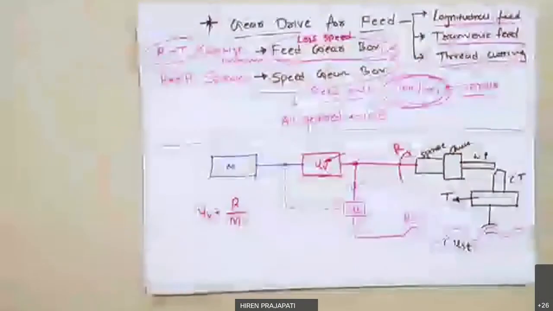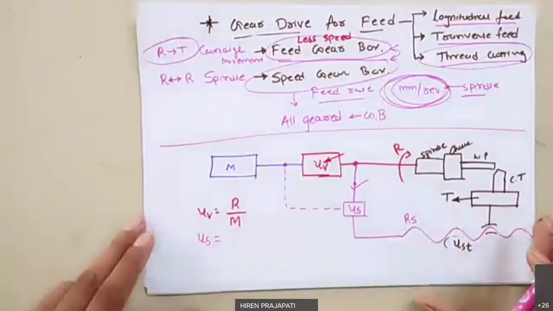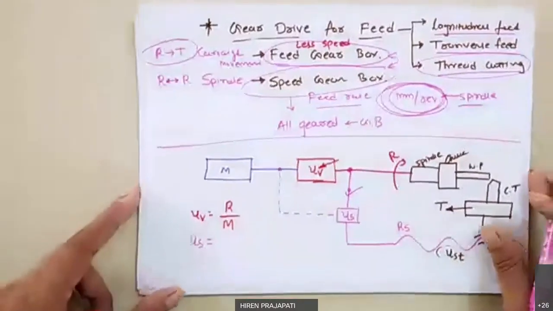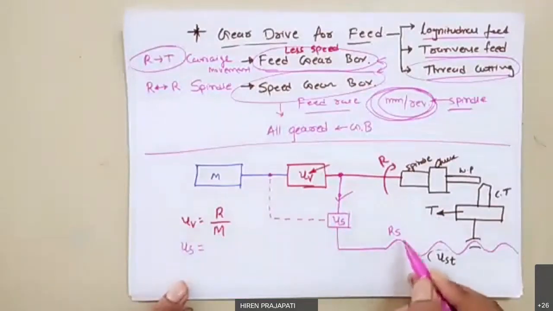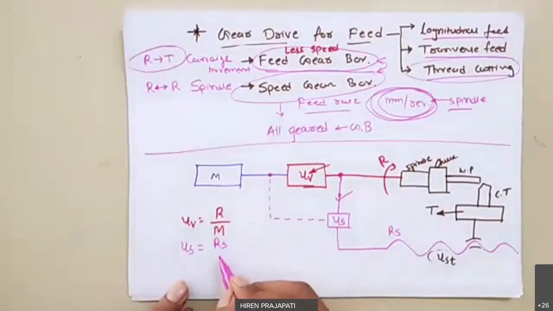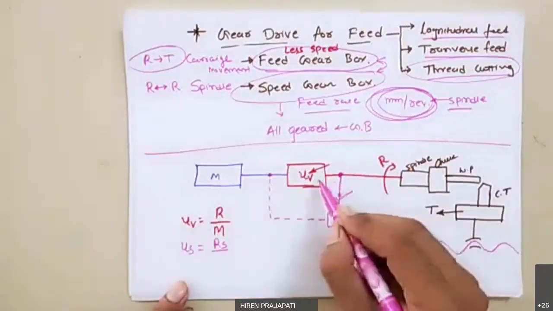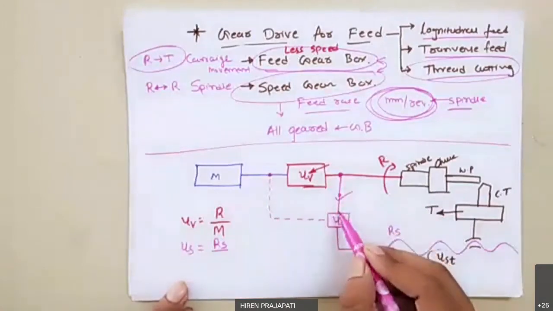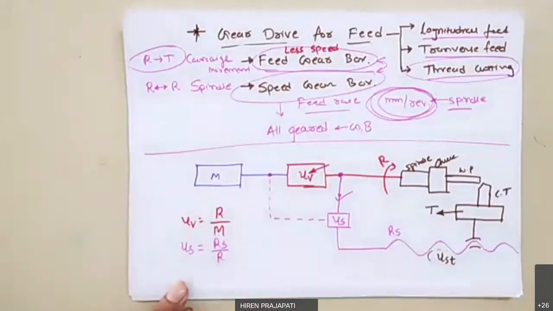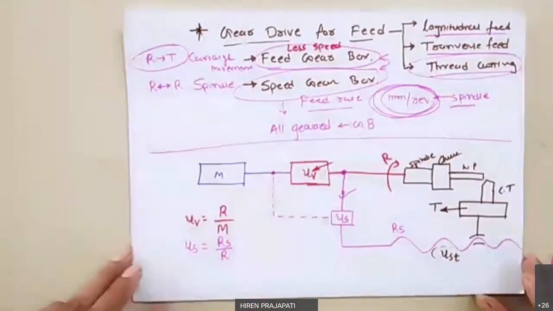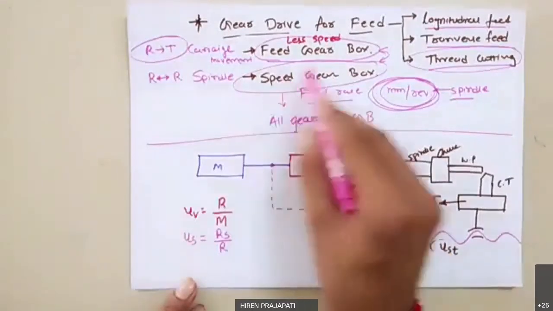Similarly, if we talk about US, the transmission ratio due to the feed gearbox, then as an output we are getting the rotation of this lead screw, RS. And the input here, we have considered US is connected after UV, so the input speed for the feed box is R. So it is RS by R, right? Now this is the effect of the feed gearbox.